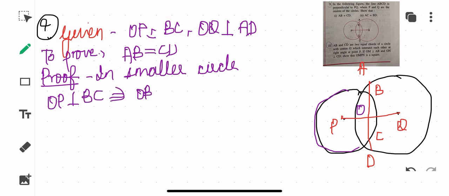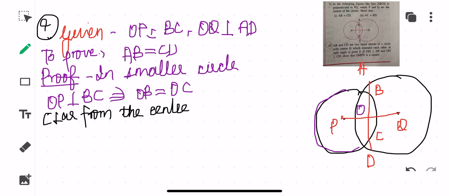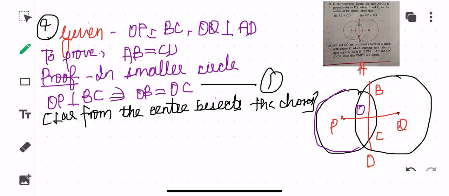OB will be equal to OC. And what is the theorem, children? The theorem is perpendicular from the center bisects the chord. So this particular statement, children, you will be taking as equation number 1. You are getting OB is equal to OC.